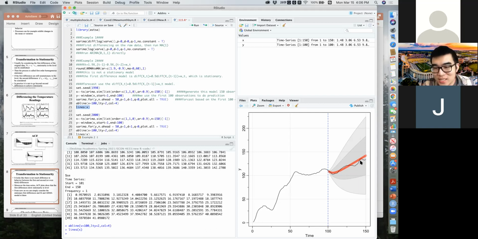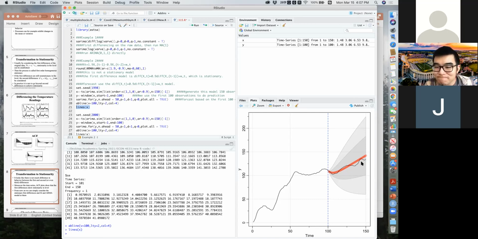What you can see from here is that our prediction actually does a pretty good job. This red line pretty much overlaps with this black line. That means this prediction is pretty much consistent with our true data, which is pretty good.